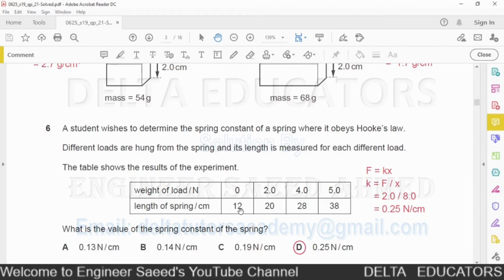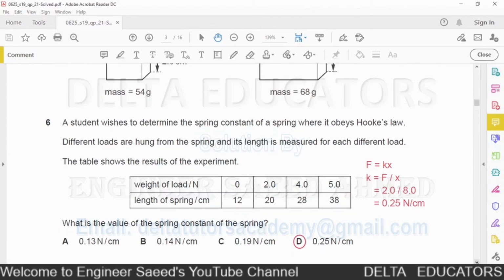So what is the value of extension? The value of extension is 20 minus 12, it is 8. So the extension is 8 and the force is 2. By solving this, we will get the answer 0.25 Newton per centimeter, and 0.25 Newton per centimeter is given in option D. So the correct option is option D.